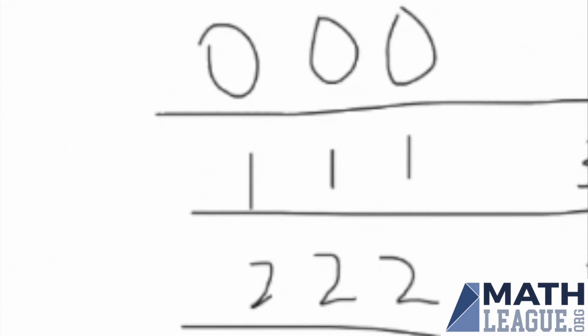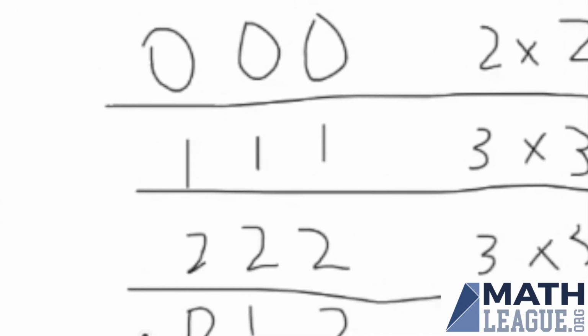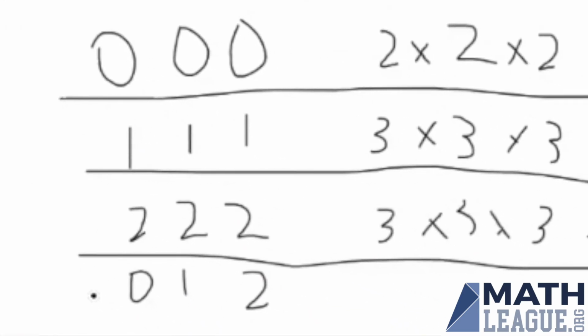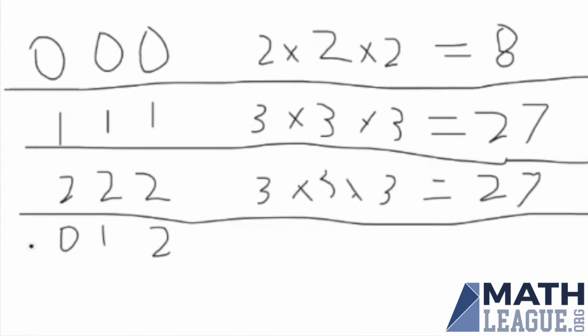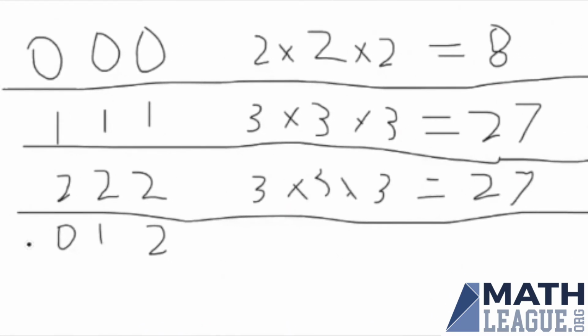Then it'd be a similar thing for 1, 1, 1, except now there are 3 options, so it'd be 3 times 3 times 3, which is 27. If we're looking at all of them having a remainder of 2, it'd still be 3 times 3 times 3, which is 27.